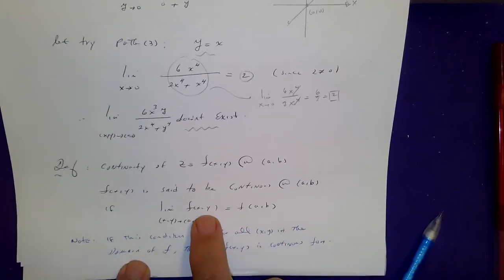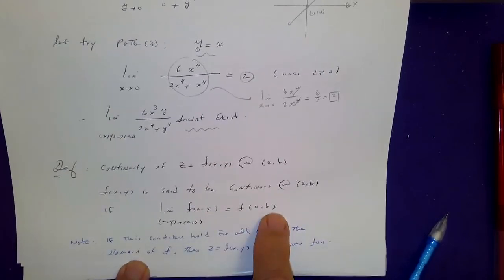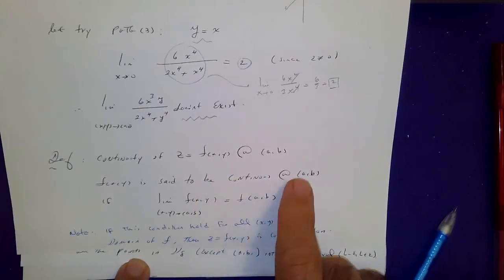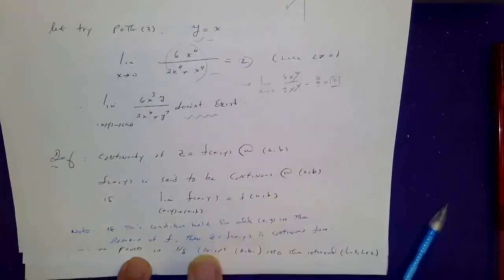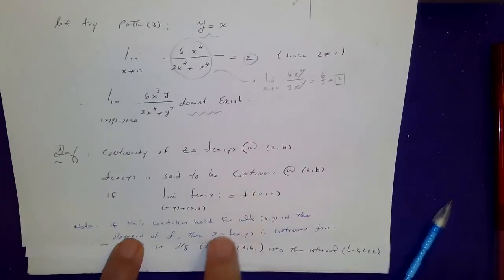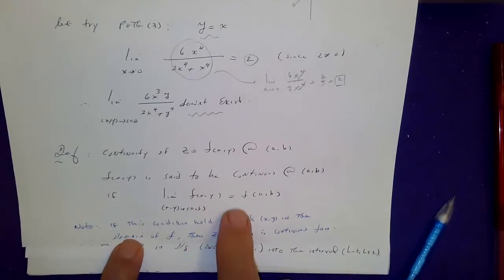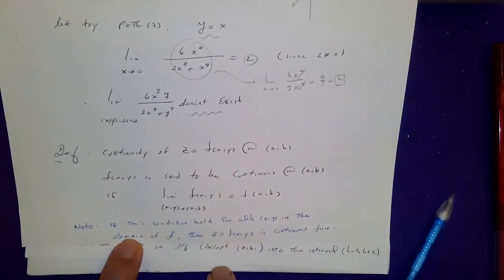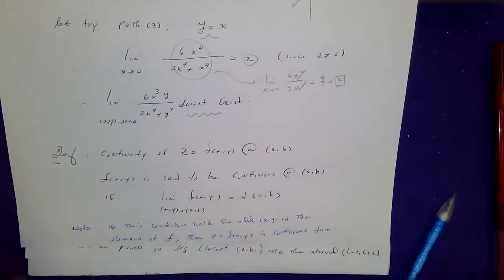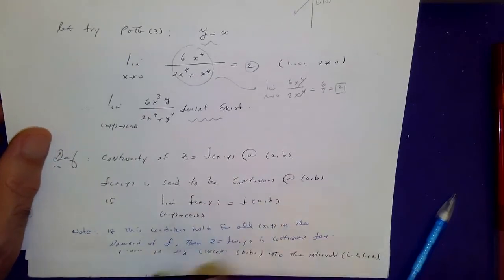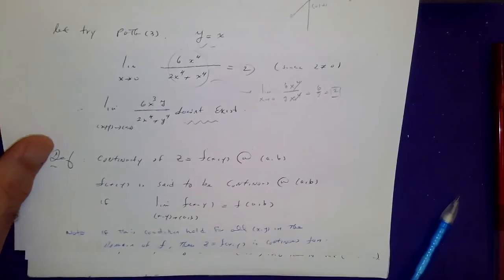So if the limit matches the value of the function at a specific point, then we say the surface is continuous at that point. However, if this condition holds for every ordered pair in the domain of f, then we say the entire surface is continuous.